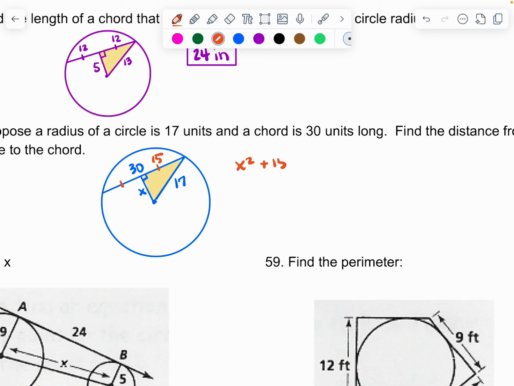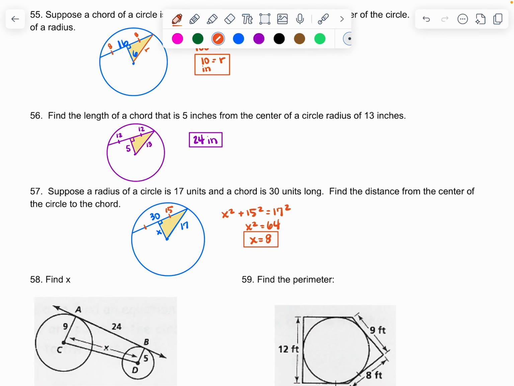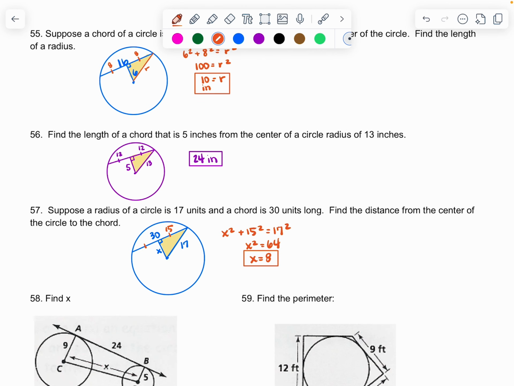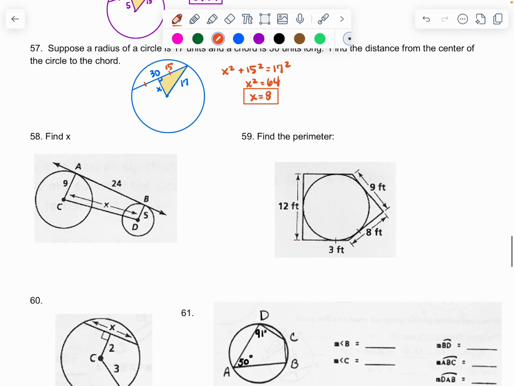So I'm just doing a quick Pythagorean theorem or using my Pythagorean triples. All right, this is going to give me x squared equals 64, so x equals 8, because that's an 8, 15, 17 Pythagorean triple. Okay, so it's the exact same question and picture. You're just being given different things and being asked to find different things.